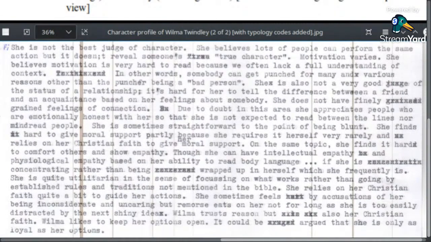Remorse eats on her not for long, as she is too easily distracted by the next shiny idea. Wilma trusts reason, but also her Christian faith. Again, that's specific to her, but it's like an Fe thing. Wilma likes to keep her options open. It could be argued that she is only as loyal as her options. Again, Enneagram 7.